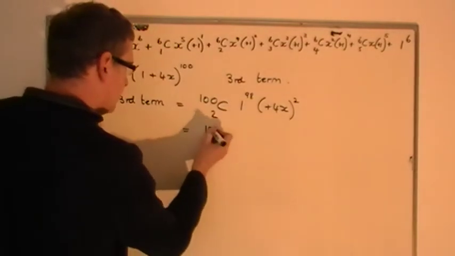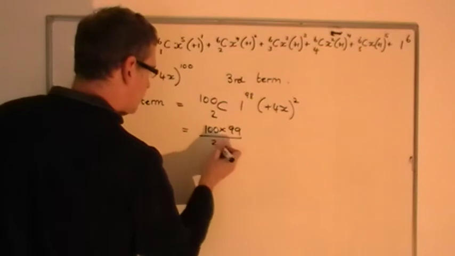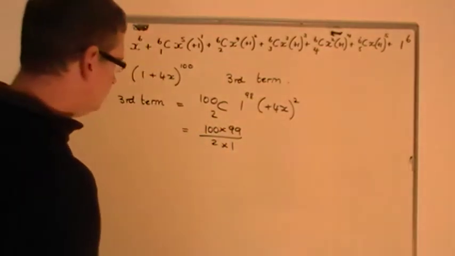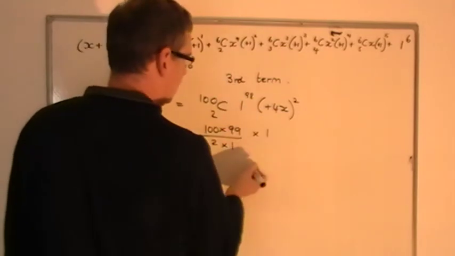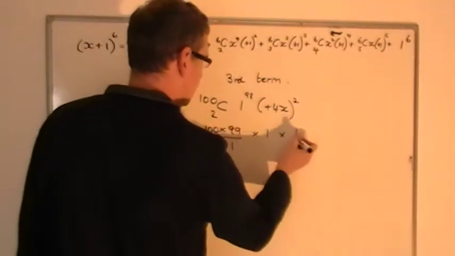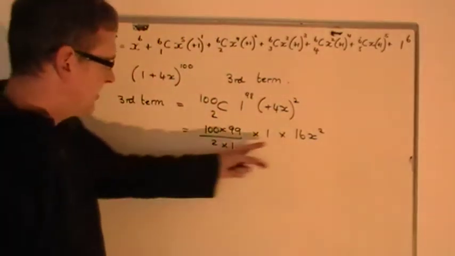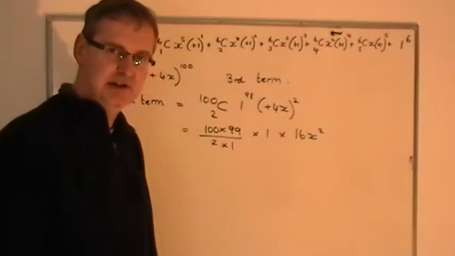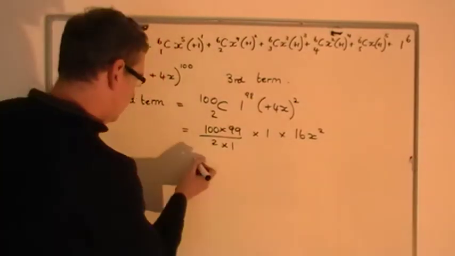100 choose 2 is 100 by 99 all over 2 by 1. And then multiplied by, well, 1 to the 98 is 1, times by this thing here is 16x squared. The figures in this are a little bit big, I would expect, for a C1 question, but the principle is basically very straightforward.